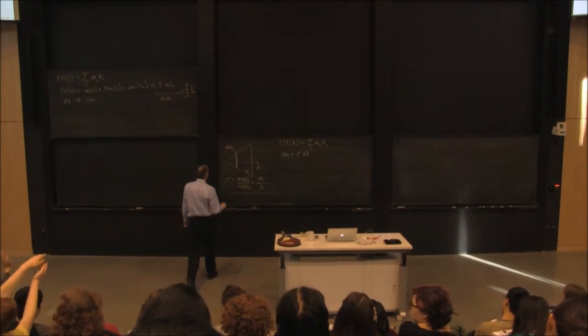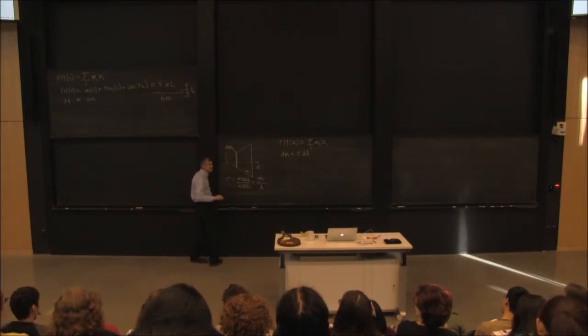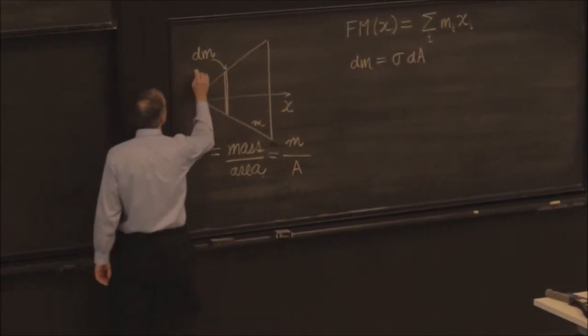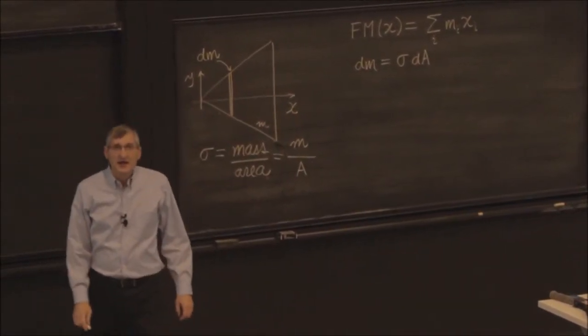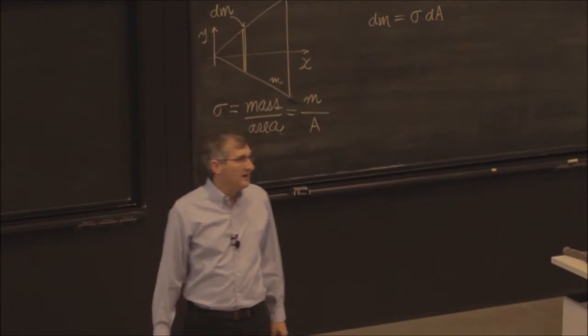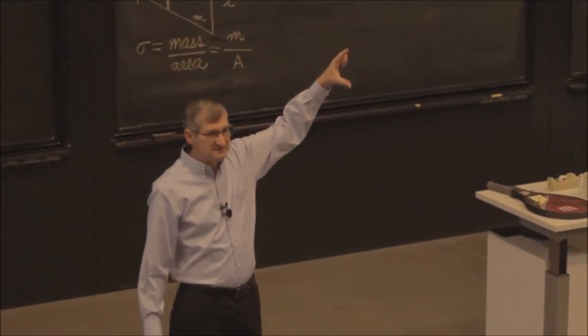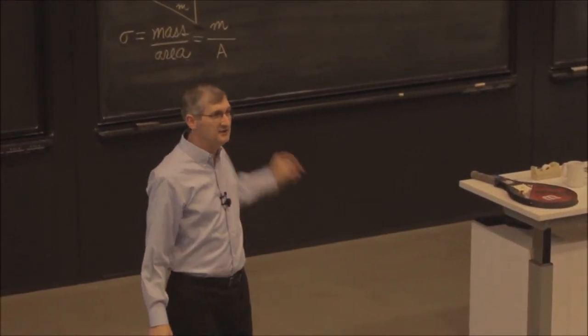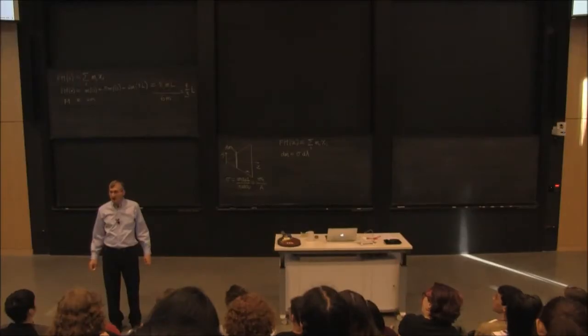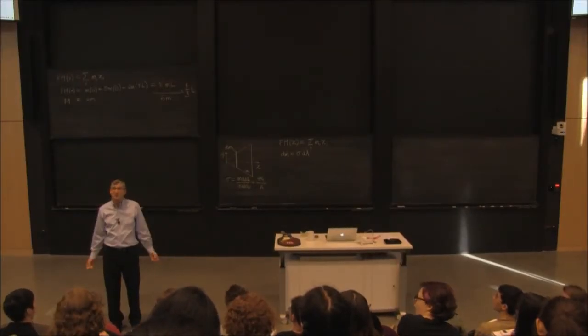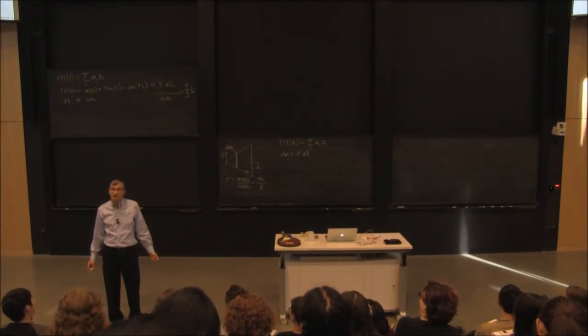Suppose that I make the origin of x over here. So we'll say y goes that way and x goes that way. What can you tell me about the height of the strip compared to its value of x position? It's proportional. Do you agree that it's proportional? Directly proportional.